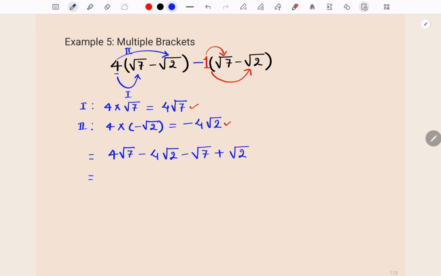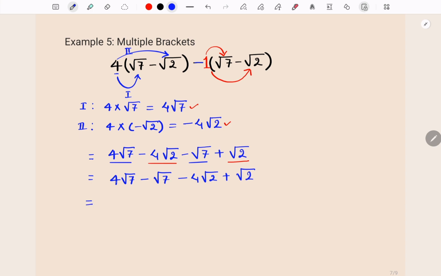Now let's find the like terms. We have 4 root 7 here and negative root 7 here. These are the like terms. Also negative 4 root 2 and root 2 are like terms. Let's club them together. We have 4 root 7 minus root 7, and then we have minus 4 root 2 plus root 2.